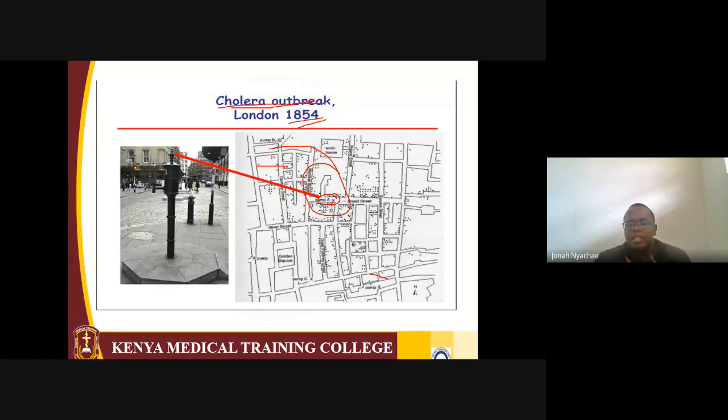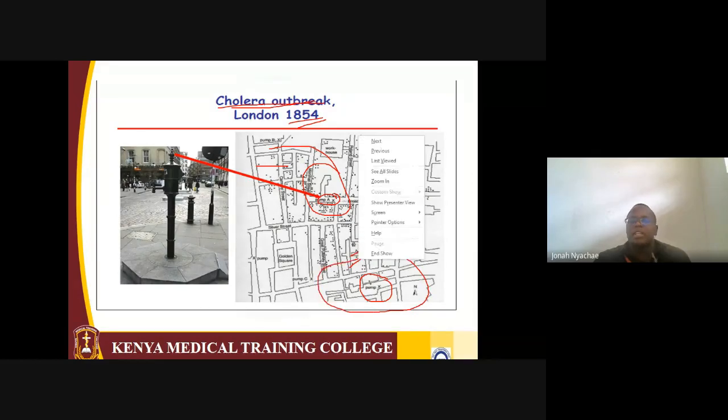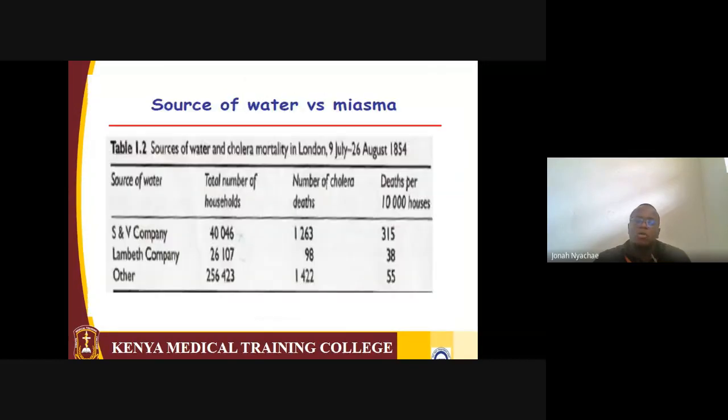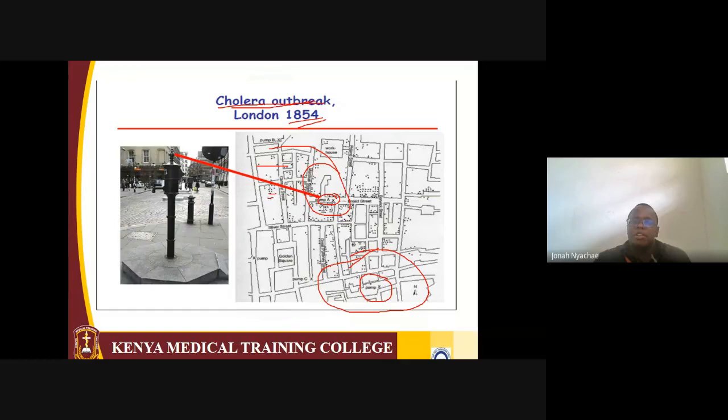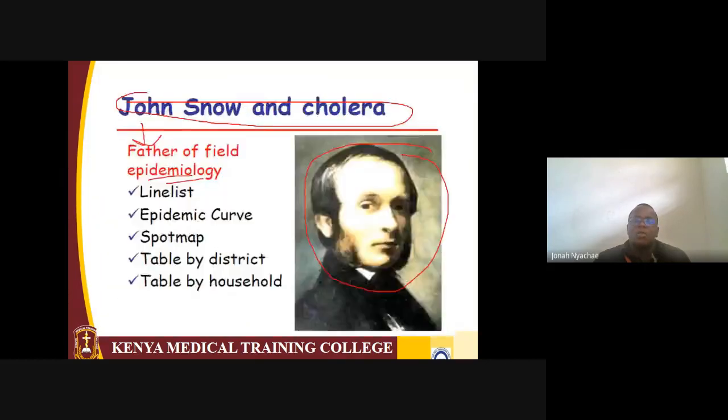And there was another point, pump B, where the people fetching water did not contract a lot of waterborne diseases. From there, he counted and mapped out the locations, and was able to assist in curbing cholera. He discovered that most of the people where the cholera was were people fetching water from tap A, while those using pipe X had less distribution of cholera. So that is the work of John Snow.